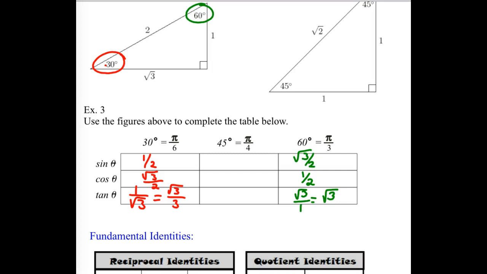All right. Go ahead and look at the 45, 45, 90 triangle. In that one, the two legs, the shortest, most common side length would be a 1. And we said then the hypotenuse is that side length times √2. So we have a triangle with legs 1, 1, and a hypotenuse √2. What would the sine of 45 be?